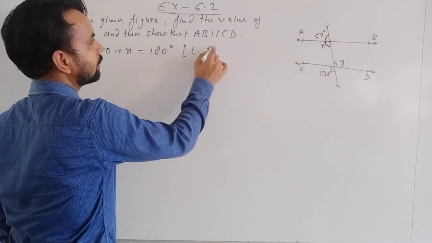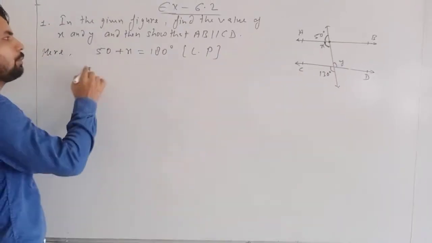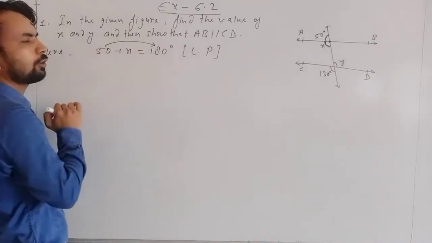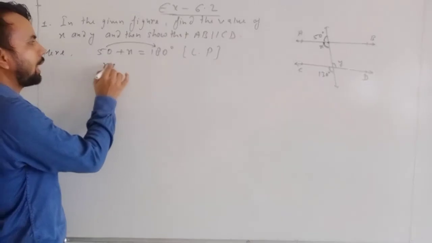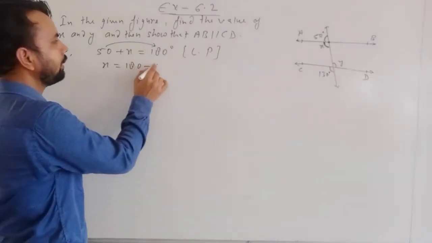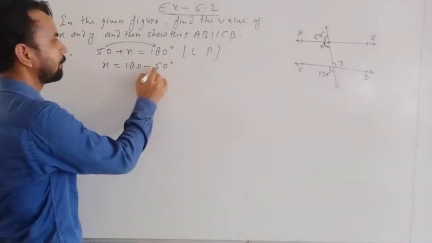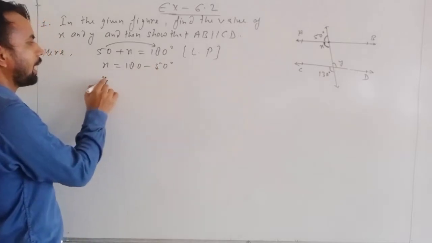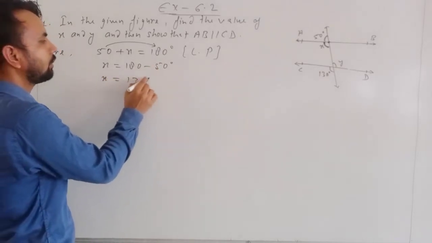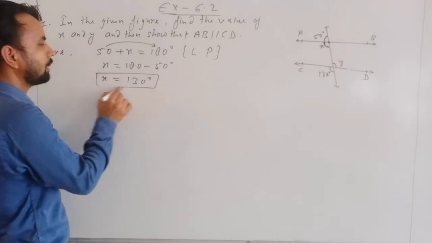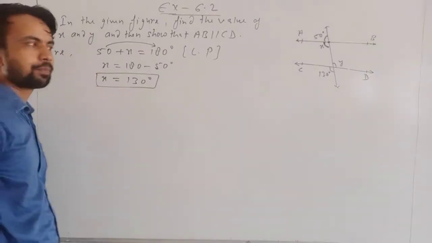Reason is linear pair. From here, this 50 will be subtracted from 180. So x equals to 180 minus 50 degree. Now x equals to 130 degree.